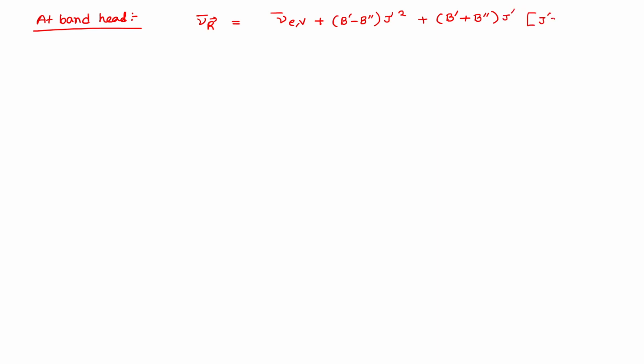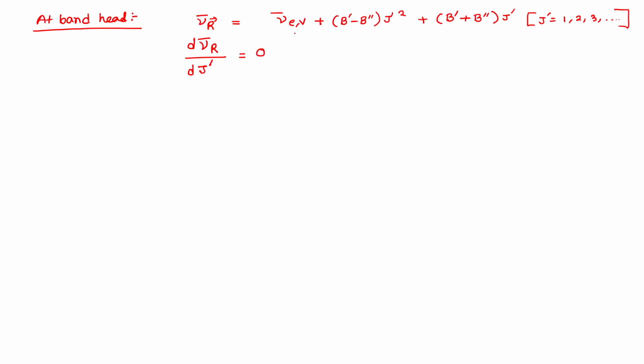And J dash can be 1, 2, 3, and so on. So your slope at that point with respect to your J dash is going to be 0.